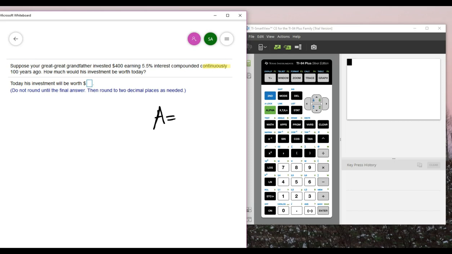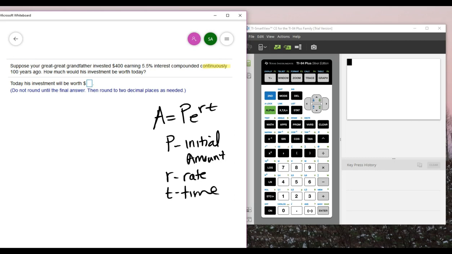It is A equals P e to the RT, where P is that principal or initial amount. R is the rate, the interest rate, which you're going to write in decimal form. T is time. And A is your accrued amount or your ending amount.